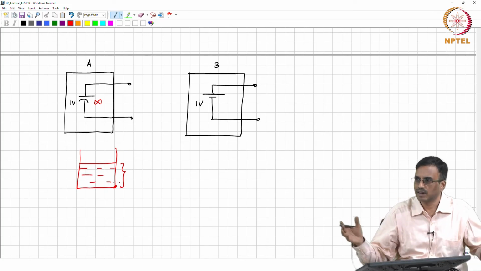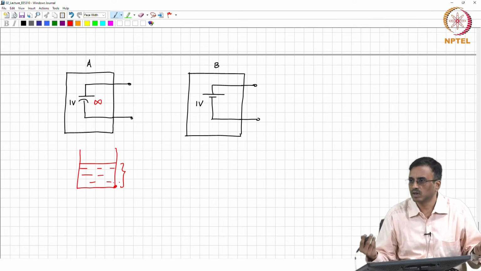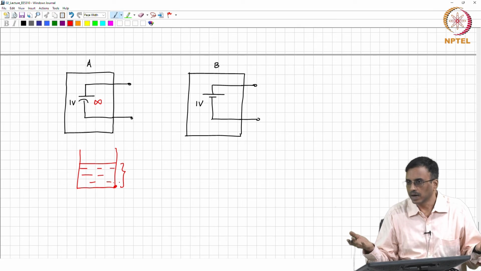Now, if you have an infinite bucket like the sea, right, and you go on removing water from it, if you leak water from it, what will happen? The level of the sea is not going to change, correct. Okay.